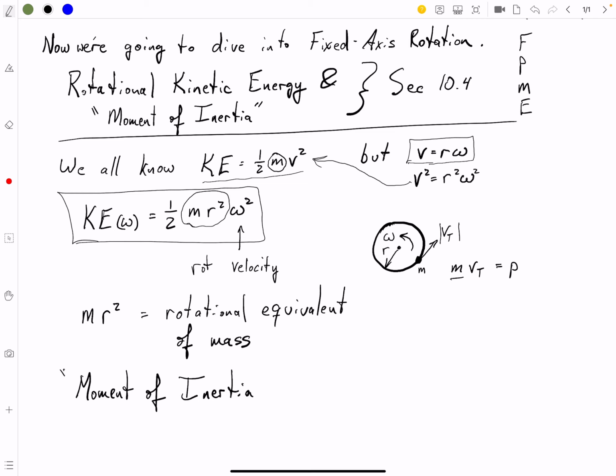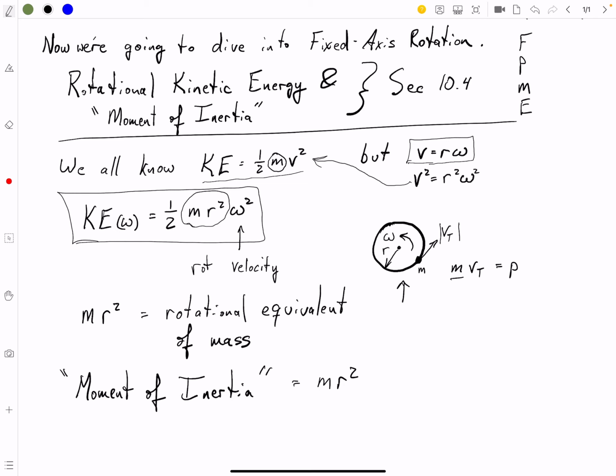So that is, in this situation, equal to mr squared. Now, other situations have different moments of inertia, okay? So you go through and you figure out what your moment of inertia is depending on the situation. Believe me, we will do it in a little bit.